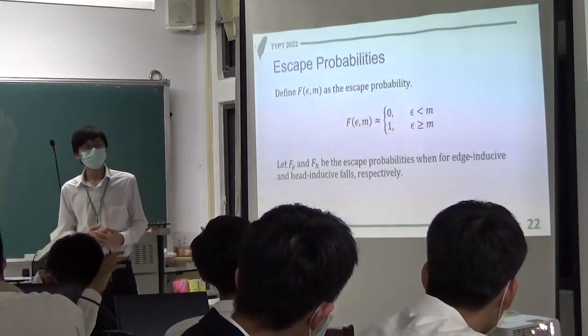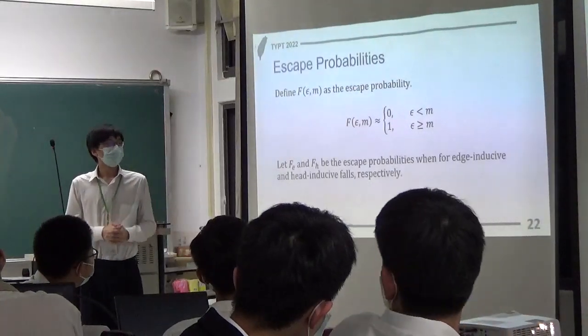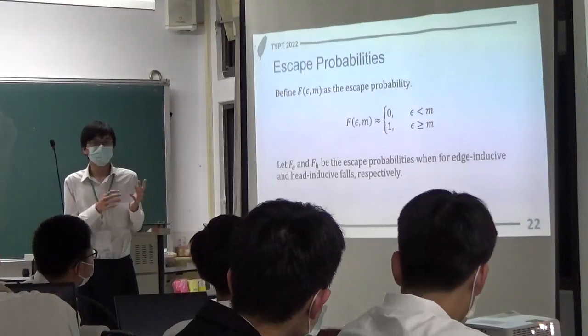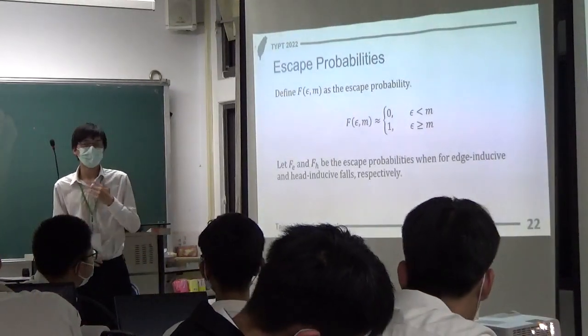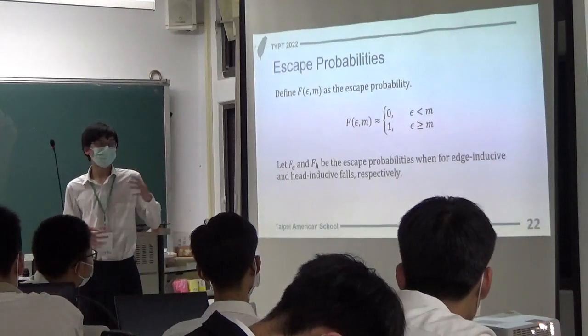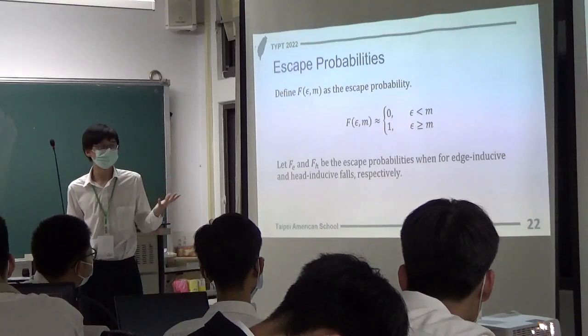And calculating the escape probability, we find that if the kinetic energy is less than the well, then the coin can never escape because it can never overcome the well. But if it passes that well threshold, we'll say that it always escapes.